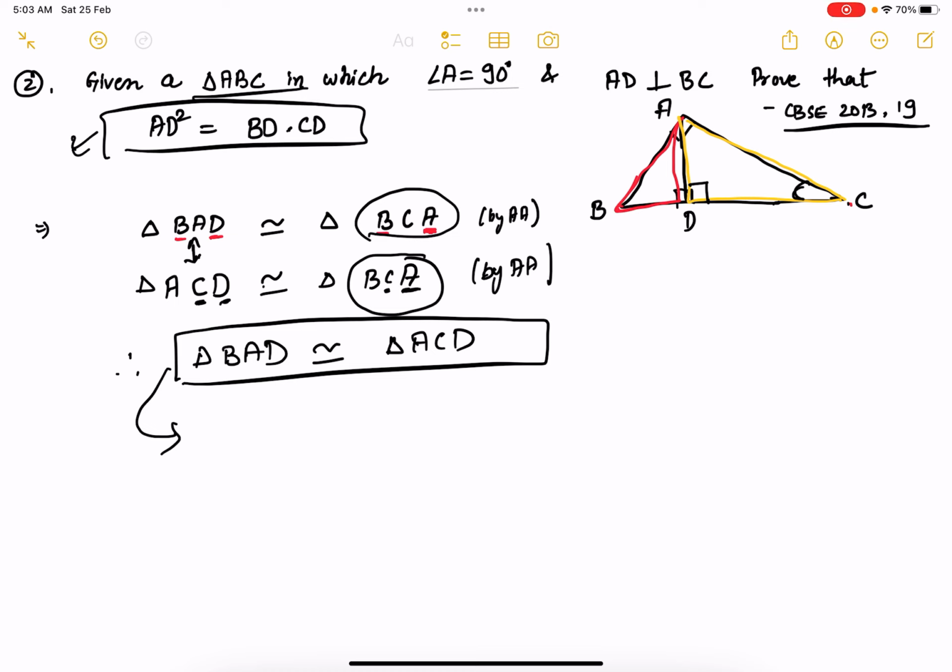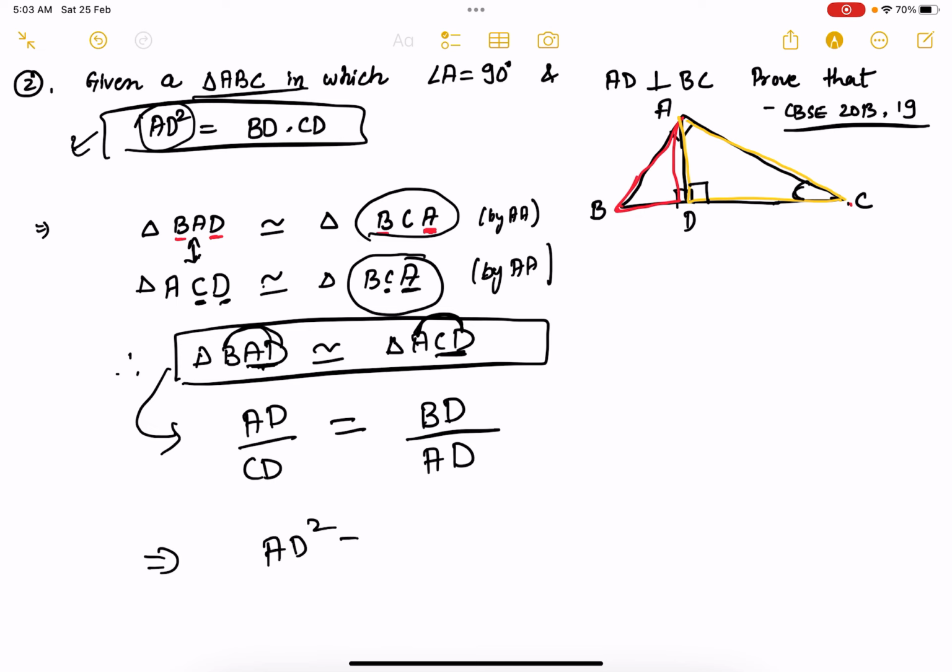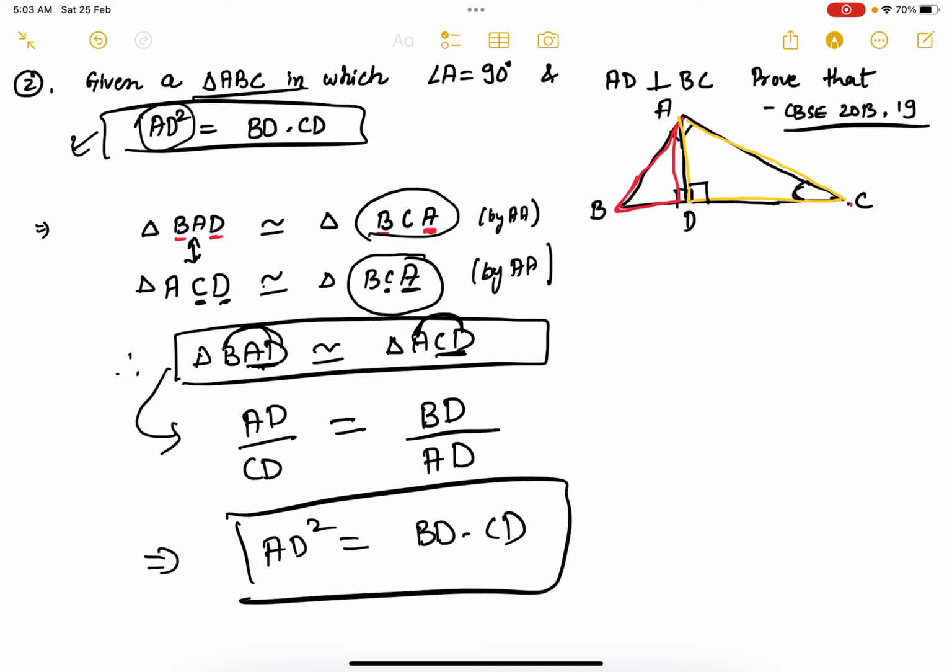Obviously we take the sides which involve AD: AD upon CD is equal to BD upon AD. Solving this, we get AD square is equal to BD into CD. Hence, we have proved our final result.